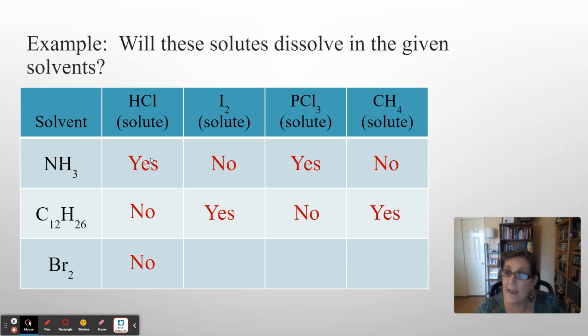No. Will iodine mix with it? Yes, they're both non-polar. Will PCl3 mix with it? No. What about CH4? Yes, because they're both non-polar. Okay, so again, this is all about like dissolves like. Polar mixes with polar, non-polar mixes with non-polar, but polar and non-polar will not mix.